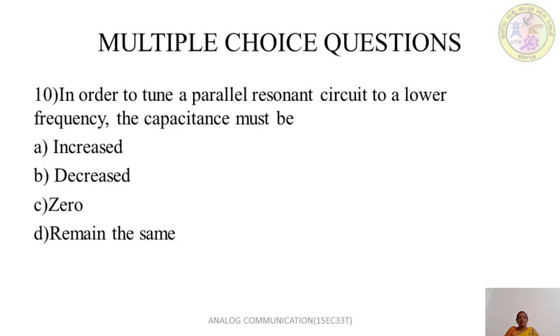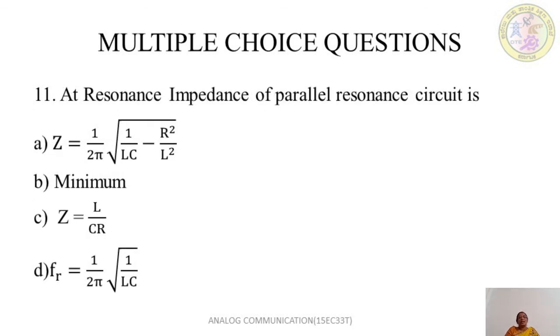The answer is A. At resonance, impedance of parallel resonant circuit is: Z is equal to 1 by 2 pi root 1 by LC minus R square by L square; minimum; Z is equal to L by R; Fr is equal to 1 by 2 pi under root 1 by LC. The answer is Z is equal to L by CR, option C.